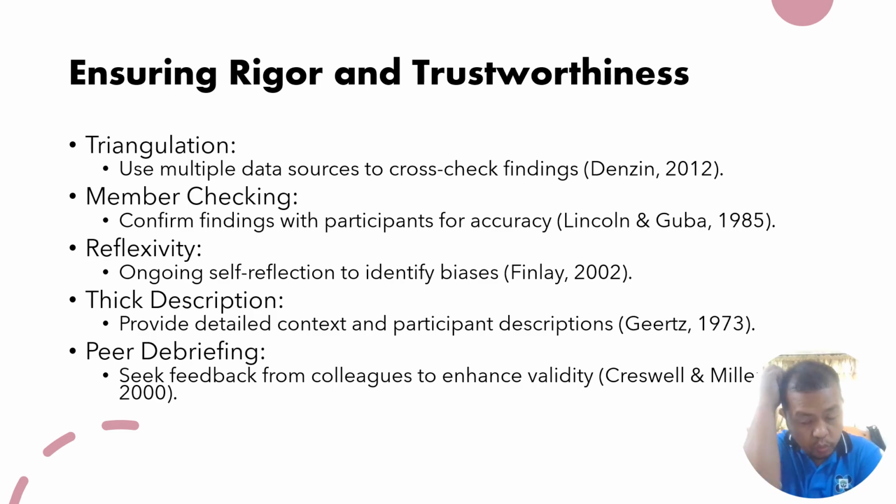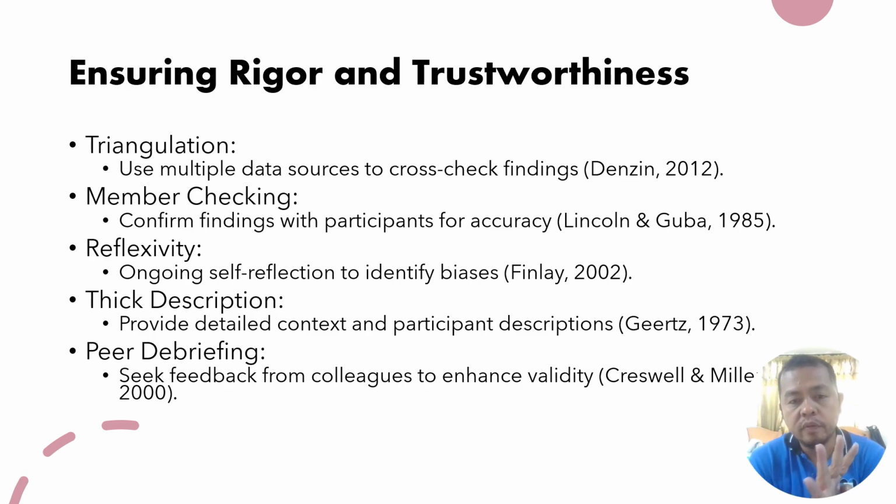Based on our discussion, we do not use just one data collection method. That's why in phenomenological research, as suggested in the previous discussion, we have in-depth interviews, participant observation, reflective essays, and we can also do field observations.